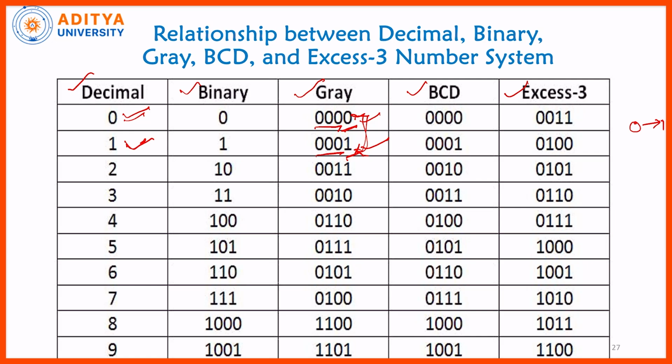Now from 1 to 2, 0001 to 0011, the first 2 zeros are not switching and the last one is also not switching. Only the second position 0 is switching to 1, again a single switching.